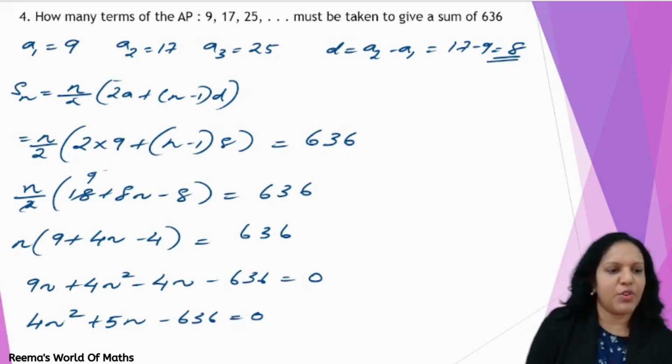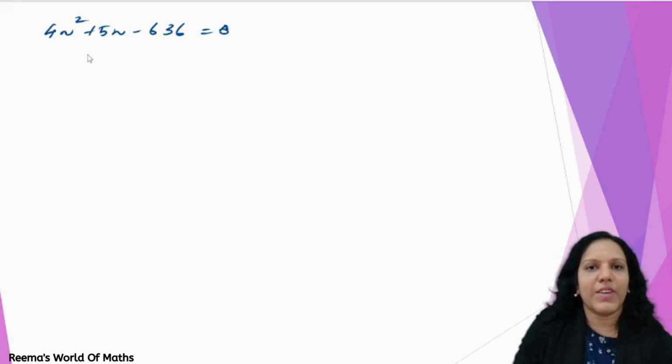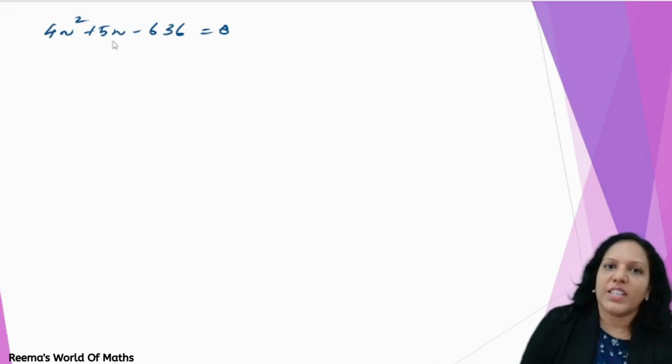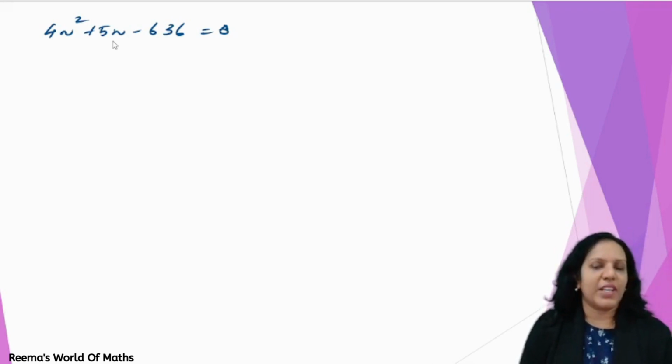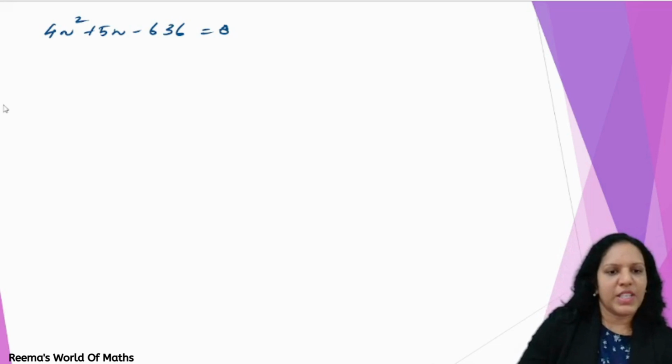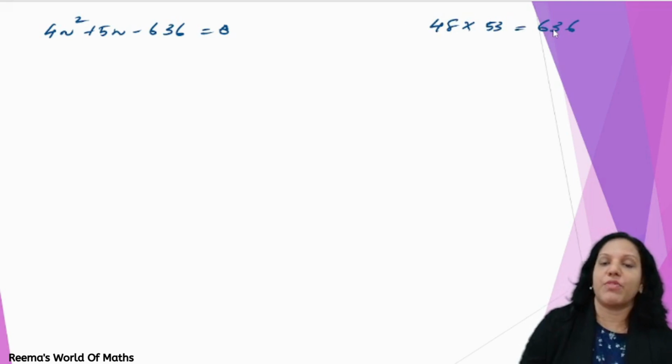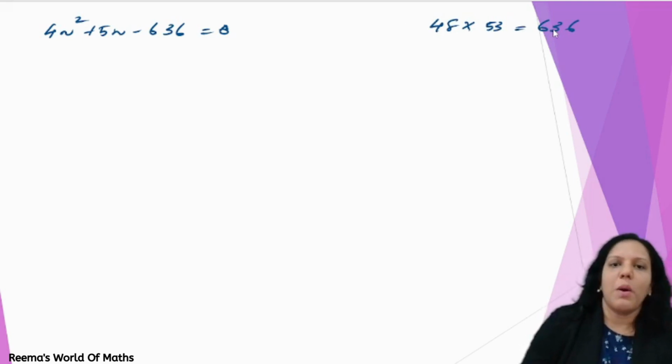So we need to split the middle term in a way that the product of the split terms should be equal to the product of the constant and the coefficient of the n squared term. So here we can split 5n into 53 minus 48, because 48 times 53 will give you 636 times 4, and 53 minus 48 also will give you plus 5.